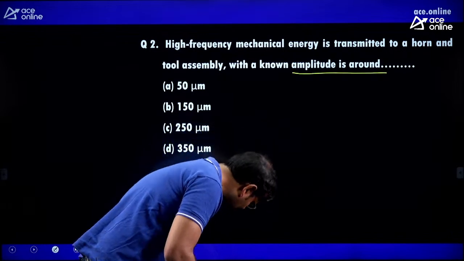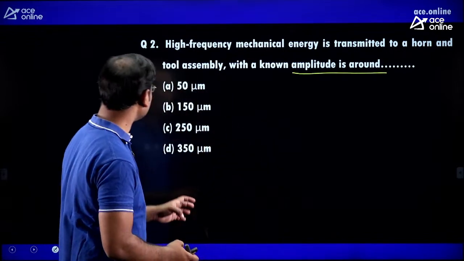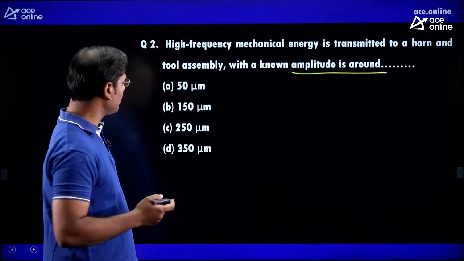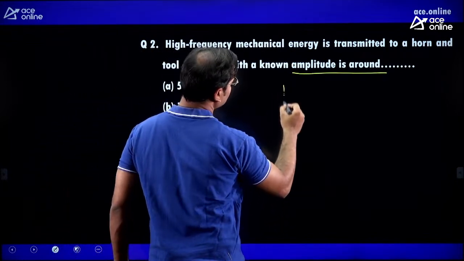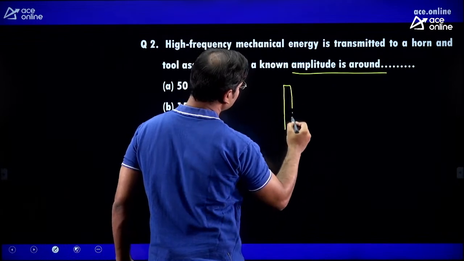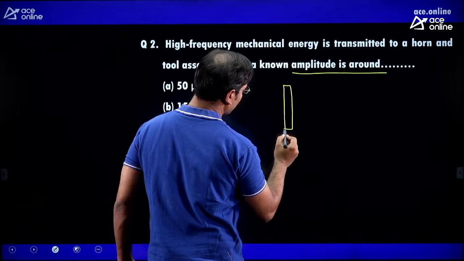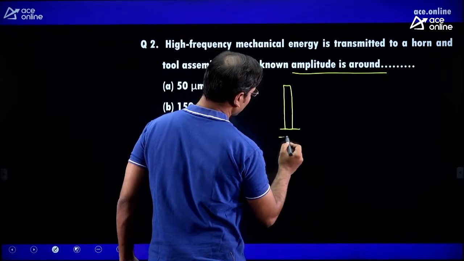Yes, one student gave that answer, but just see. What is meant by amplitude? First you have to see. The amplitude means, in the ultrasonic machining method, the tool is at this position and this tool is vibrating from this position to this position.